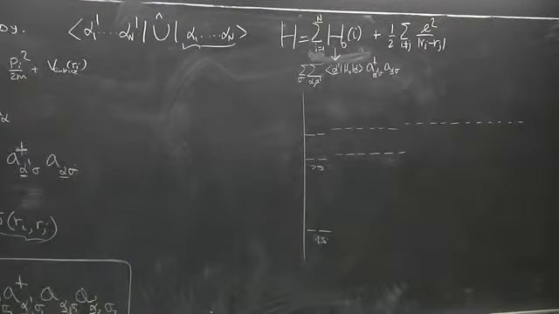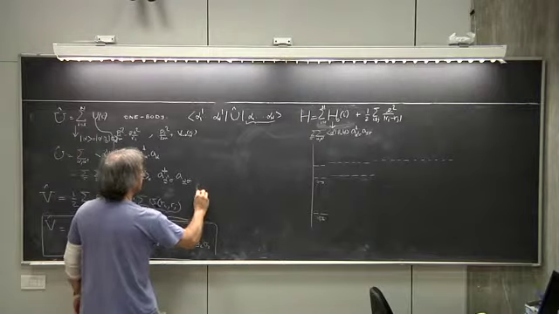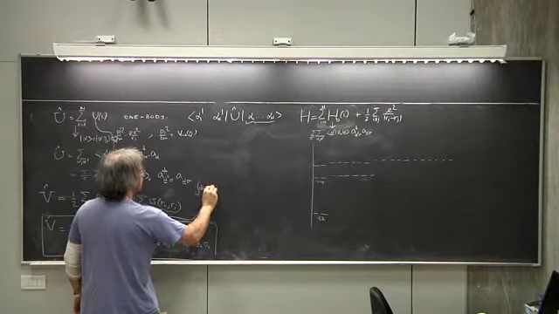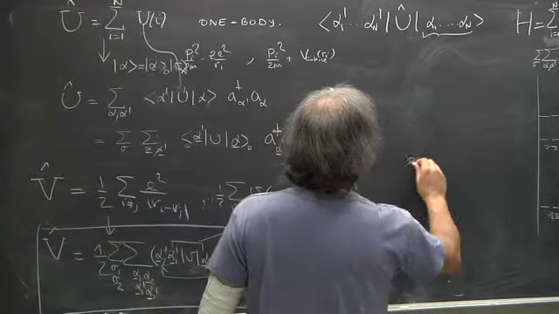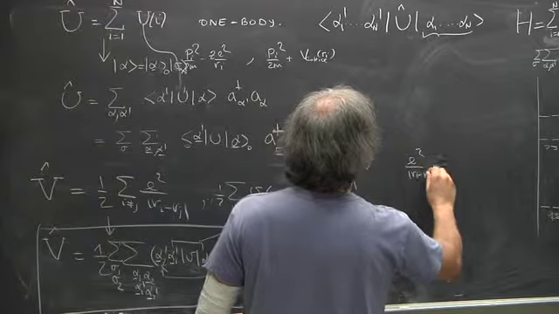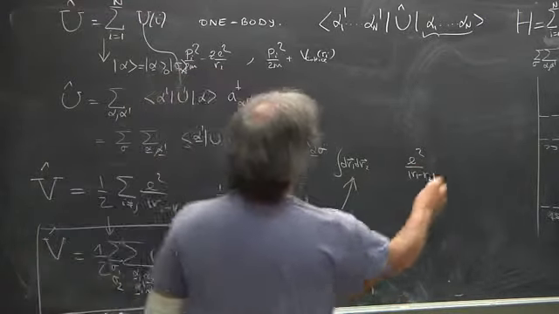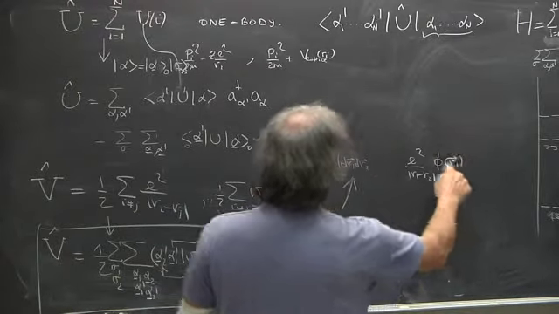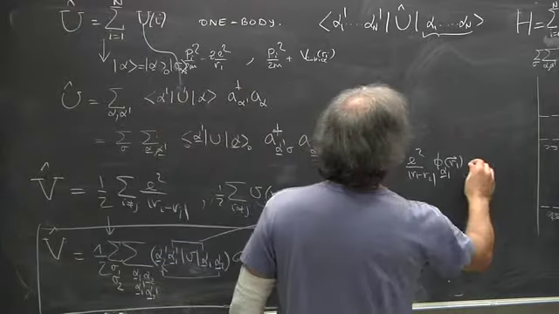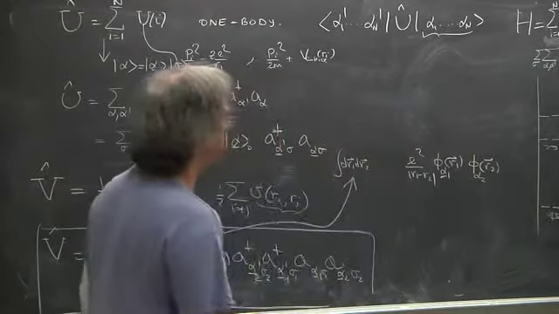The matrix element that I have here, for completeness, is simply the integral over the two variables, R1 and R2, of e squared over |R1 minus R2|. This is phi alpha 1 of particle 1, and this is phi alpha 2 of particle 2.